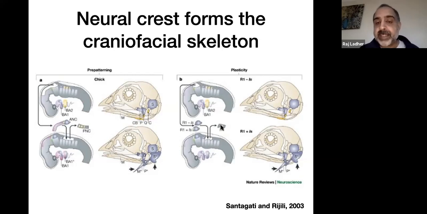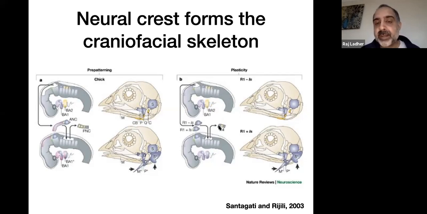In some cases, she's able to show that some of these neural crest precursors have plasticity, and so they can be moved to different regions, and they don't form these second arches. For example, you can take a more caudal piece and move it further anteriorly here.